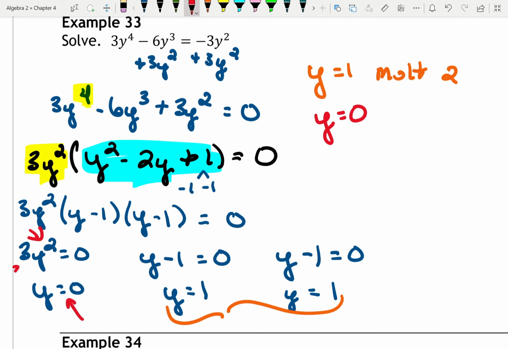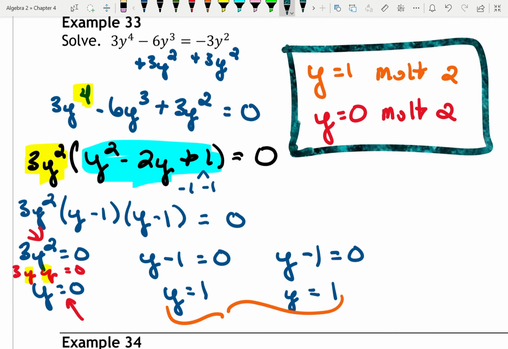You could think about this as y times y equals 0. Then you'd have y equals 0 from the first y, and y equals 0 from the second one. So we have y equals 0 with a multiplicity of 2 as well. Together, these give me 4 solutions.